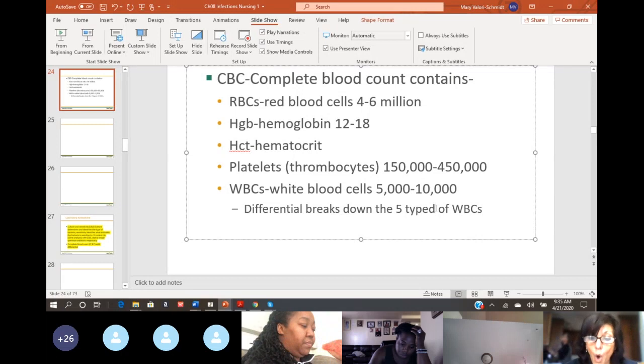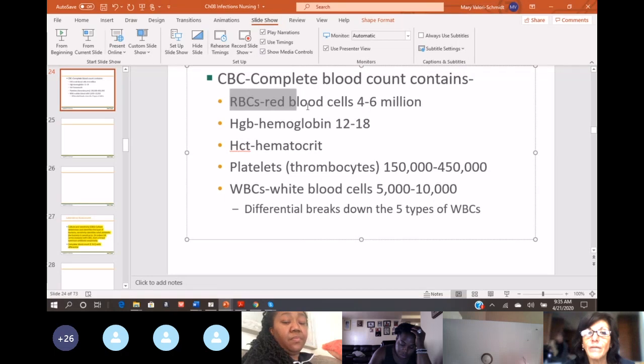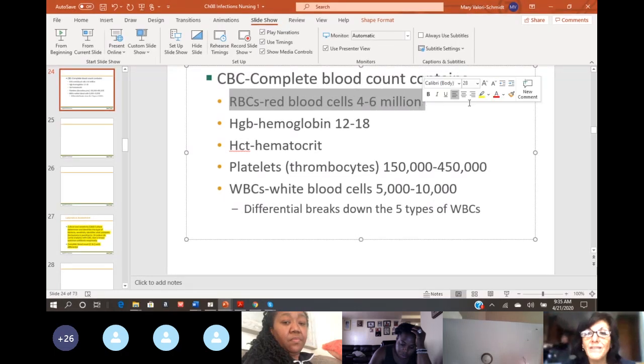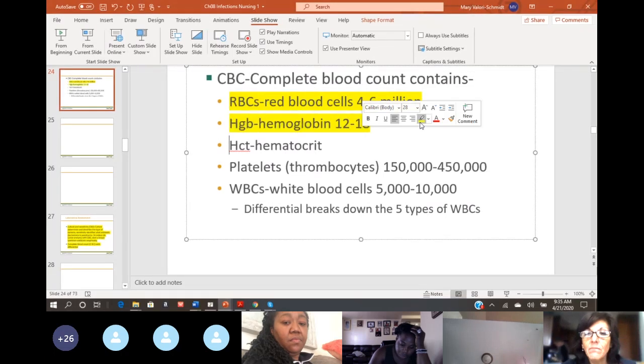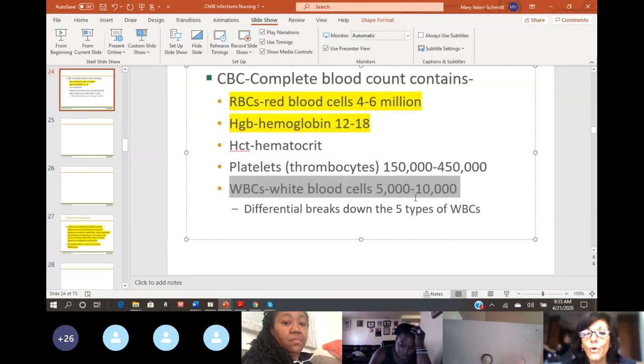And you don't need to know all of this just yet, okay? The ones that you need to know, I'm going to highlight. You need to know red blood cells are 4 to 6 million. Hemoglobin is 12 to 18. And white blood cells total are 5 to 10,000. So those 3 lab values you must know.